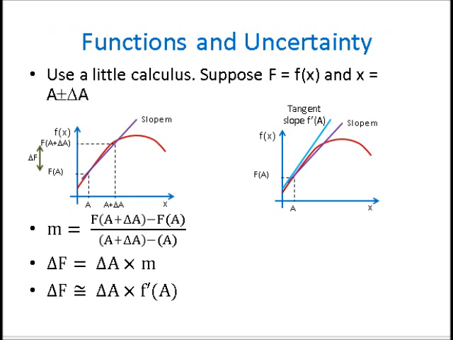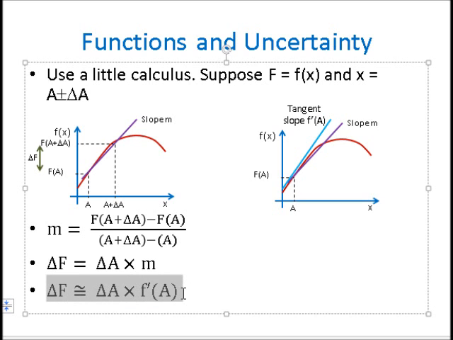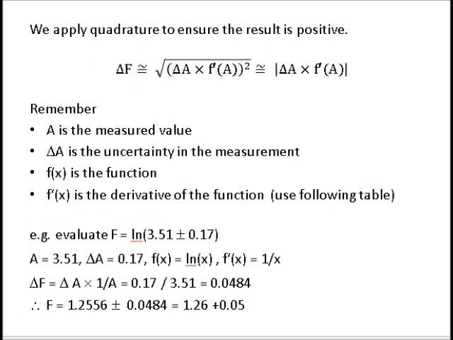We also have to work with functions: the natural log, the exponents, sine, and cos. And those take a bit more work, but what I want to focus your attention on is down here. The uncertainty in any function is the uncertainty in the quantity you measure times the derivative of the function. Okay? That's the big rule we're using.